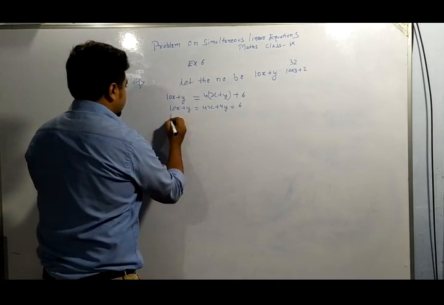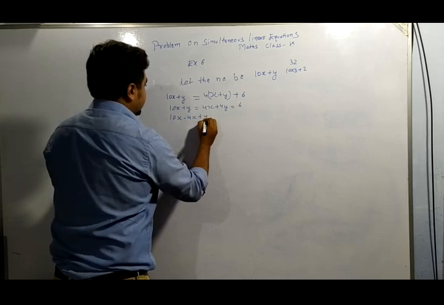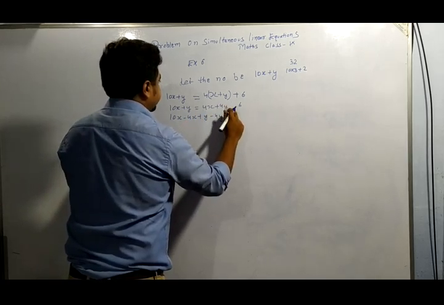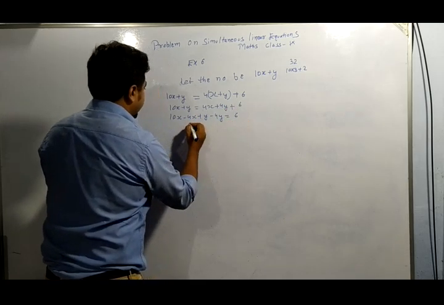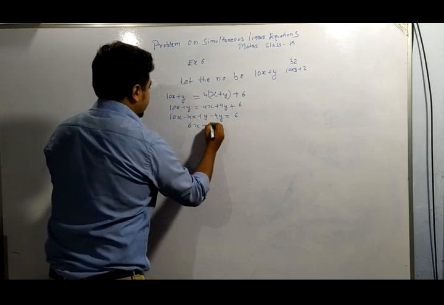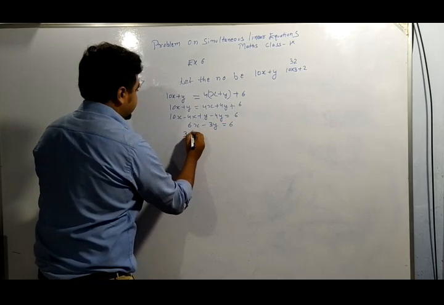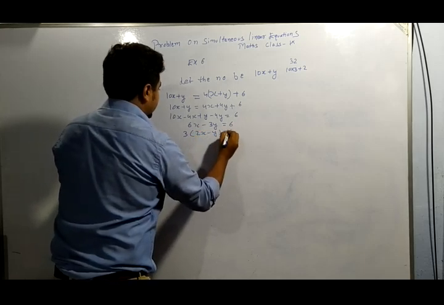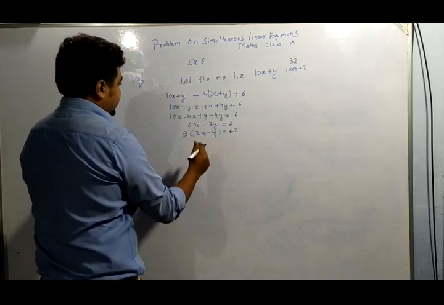So 10x minus 4x plus y minus 4y equal to 6. So from here we are getting 6x minus 3y equal to 6. I will take 3 as common: 2x minus y equal to 2. So this is the first equation.